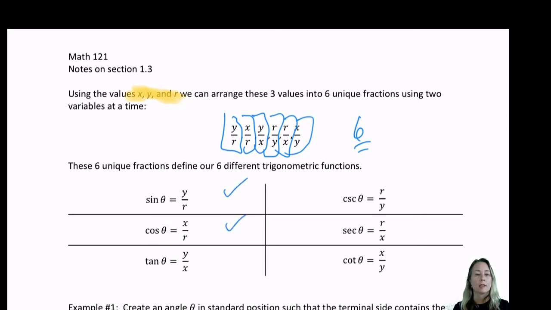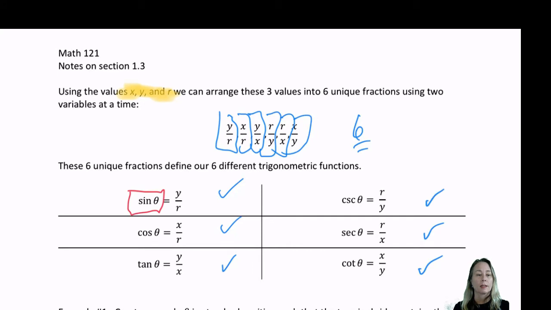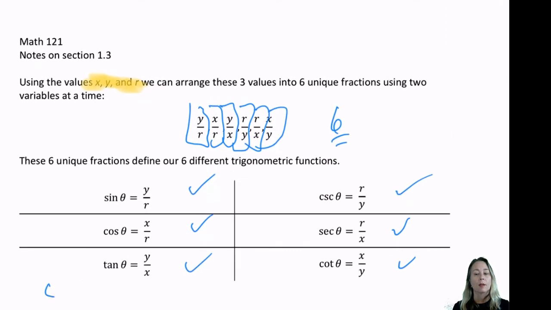Next, we assign each fraction to a function. The functions have the following names: sine, cosine, tangent, cosecant, secant, and cotangent. The 6 trigonometric functions have an input of an angle. The name of the angle is theta.